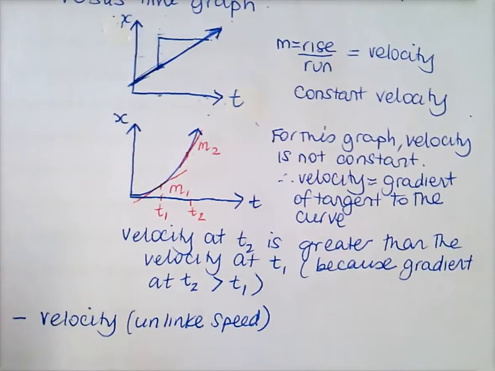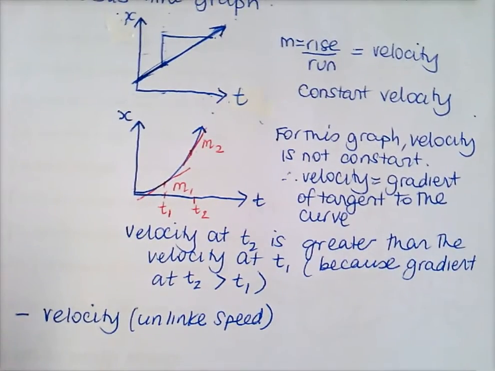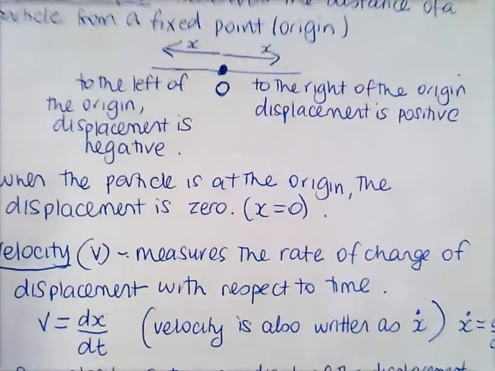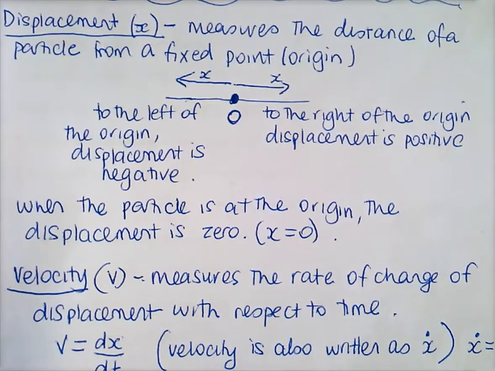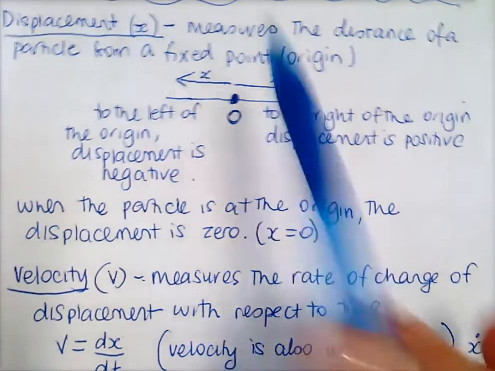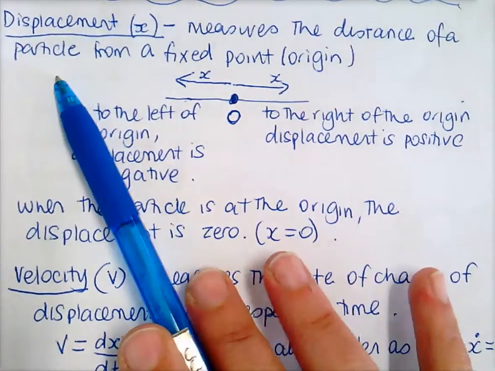Now, speed, we never talk about negative speeds. You can never travel at negative speed, but you can have negative velocity. Velocity, unlike speed, has magnitude, size, and direction. Displacement has size and direction too, but distance travelled is always positive, whereas displacement can be positive or negative.